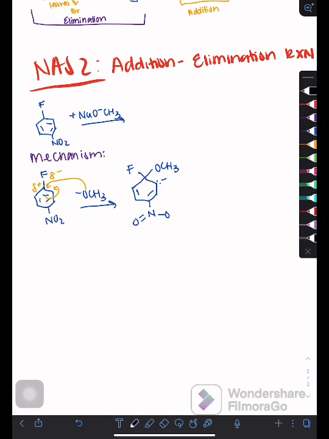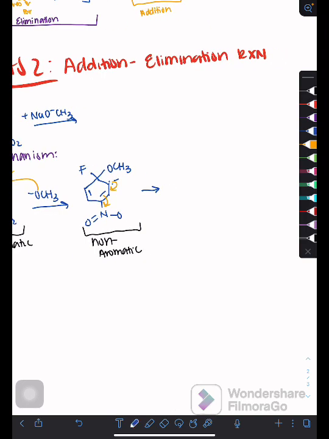Also just wanted to point out that this is aromatic, and then this is non-aromatic. And then we're gonna go like this, and then they're just gonna start rearranging where those lone pairs go there. This will attack this nitrogen. Then we'll get this.